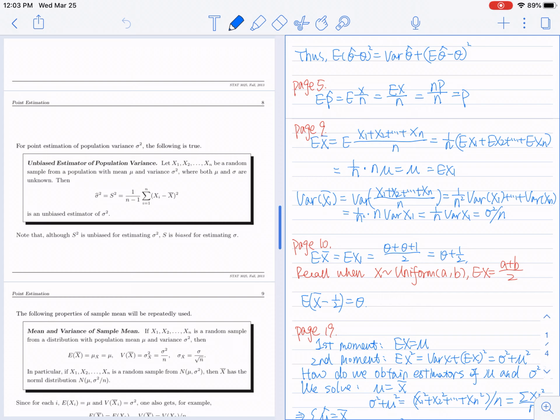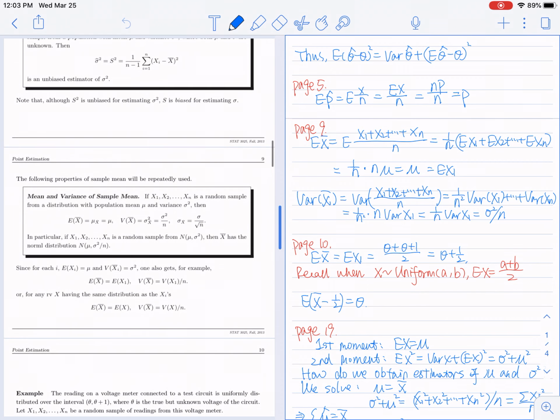And we don't do the proof here, but it is good to know that the sample variance defined in this way is unbiased. That is, we use the sum of squares divided by n minus 1. One thing to note is that even though S square is unbiased for estimating sigma square, S is biased for estimating sigma, so they don't have a 1-to-1 relationship.